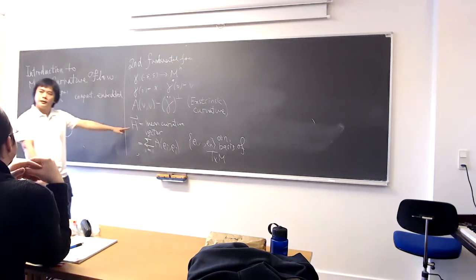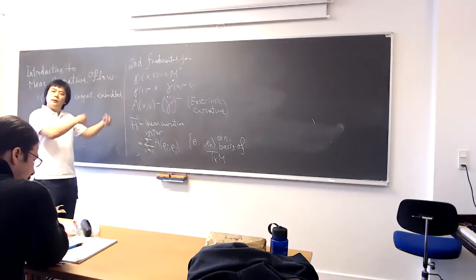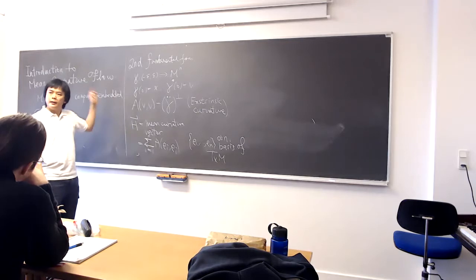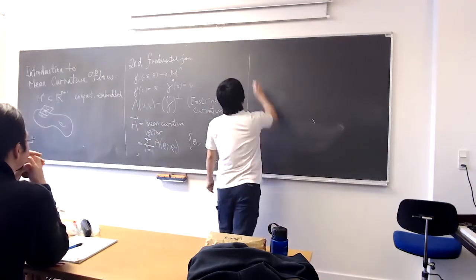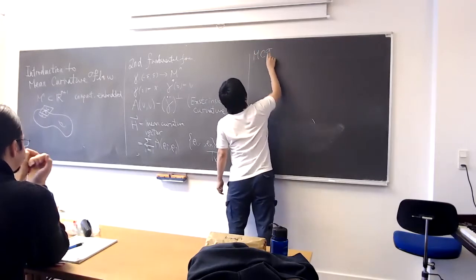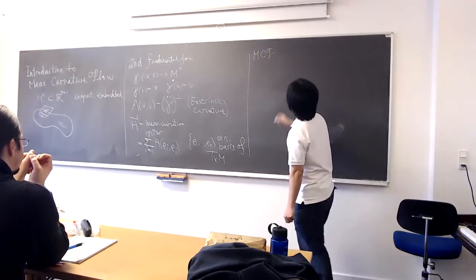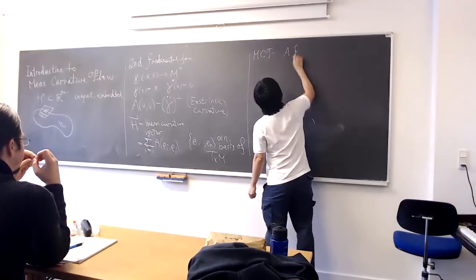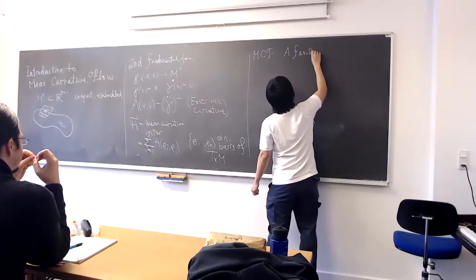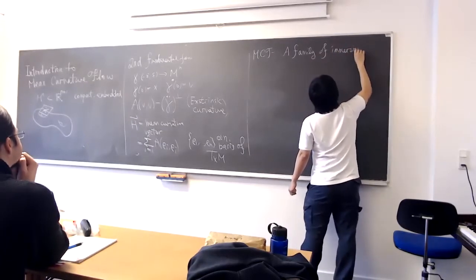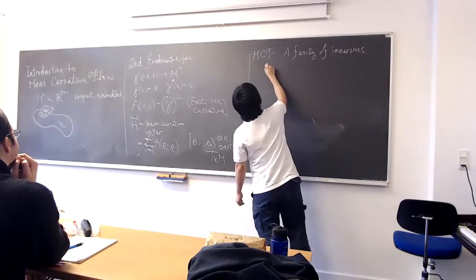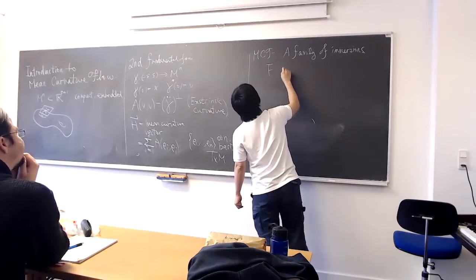And the mean curvature flow is really just a family of immersions or embeddings which moves along this vector. This is the abbreviation of the mean curvature flow. So this is just a family of immersions, which I will use the map F to denote.